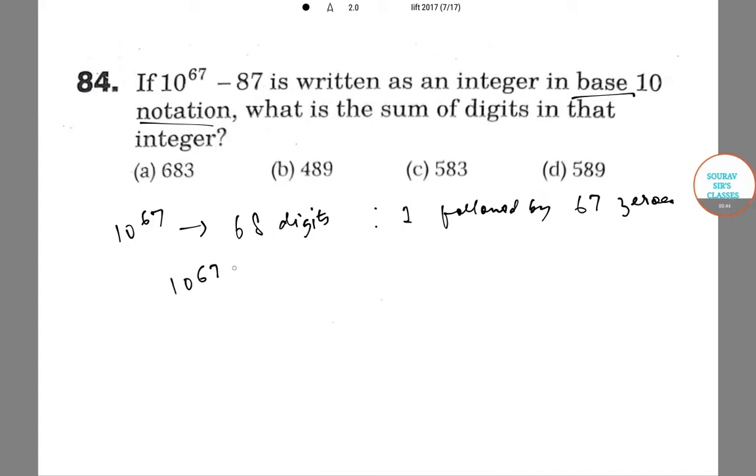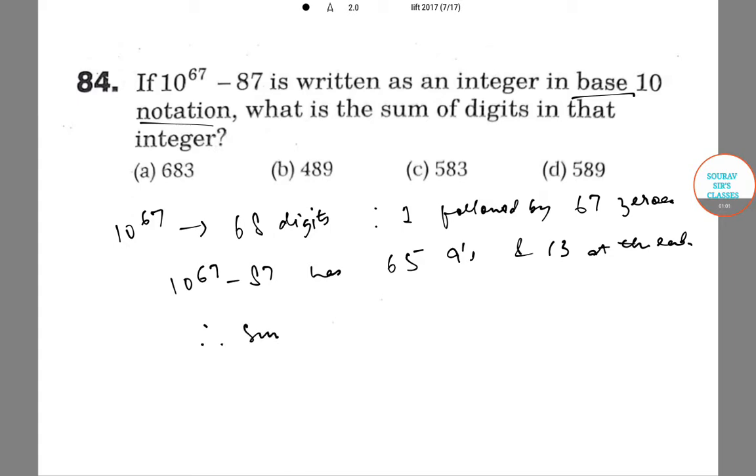So 10 to the power 67 minus 87 has 65 nines and 13 at the end.